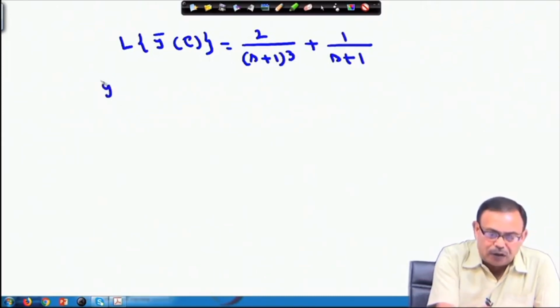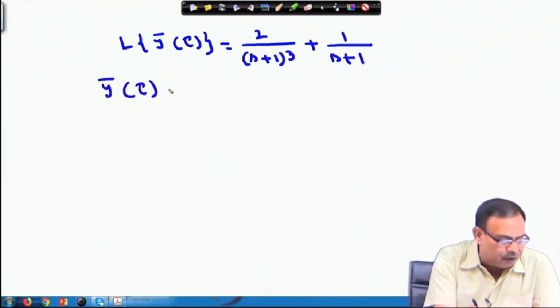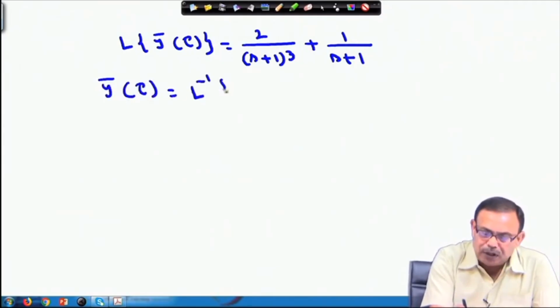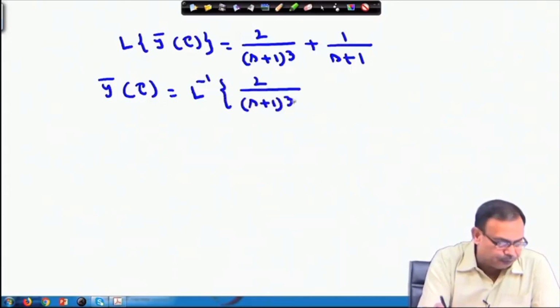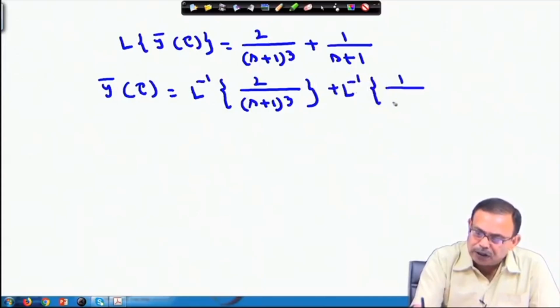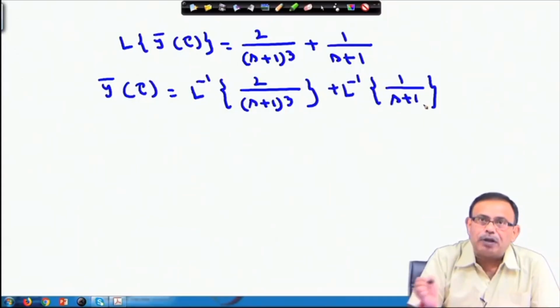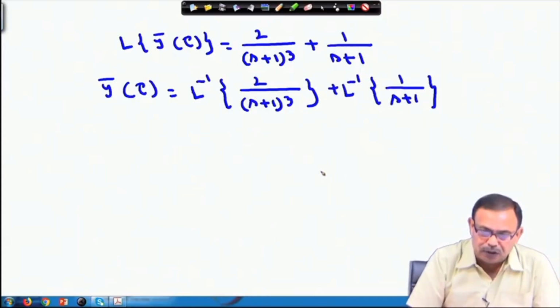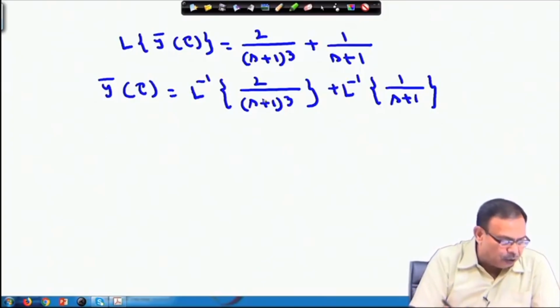So y bar tau equals Laplace inverse of 2 by s plus 1 whole cube plus Laplace inverse of 1 by s plus 1, and these two are known to me.